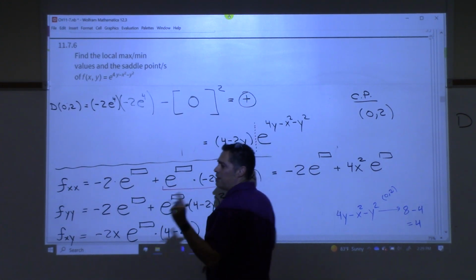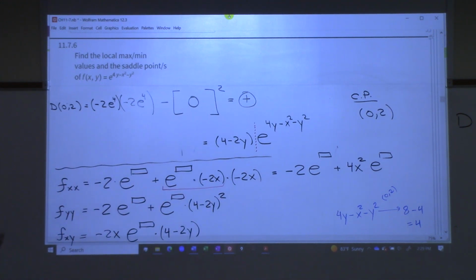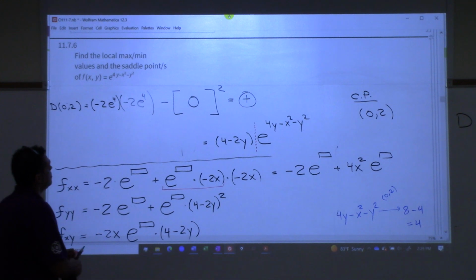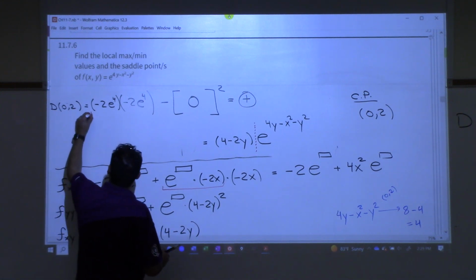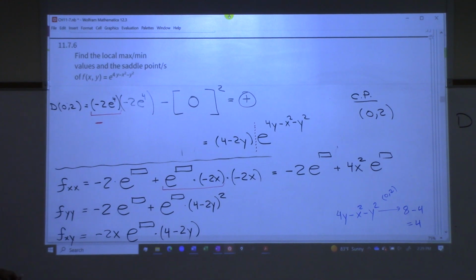From that, I can tell you right now, I either have a local max or a local min. So then I defer back to this first piece here. And that is now negative, isn't it? And negative, people frown. So I've got a local max here.